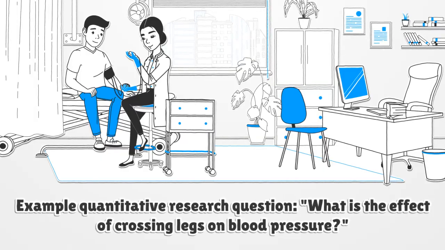A study like this might measure blood pressure both before and after a person crosses their legs. The first variable is leg position, crossed versus uncrossed, and the second variable is blood pressure. The researchers would statistically analyze the data to determine if a causal or correlational relationship exists between blood pressure and leg crossing.